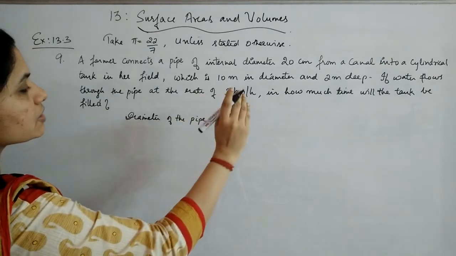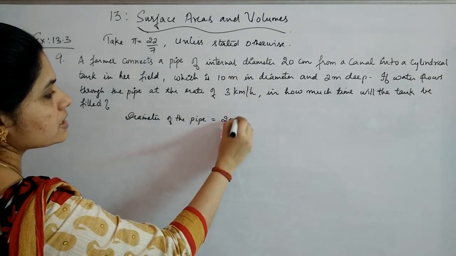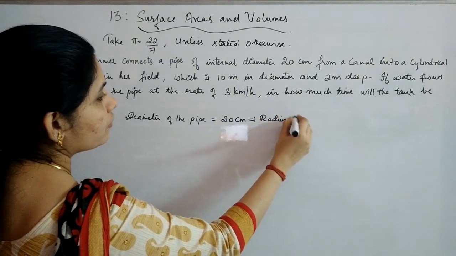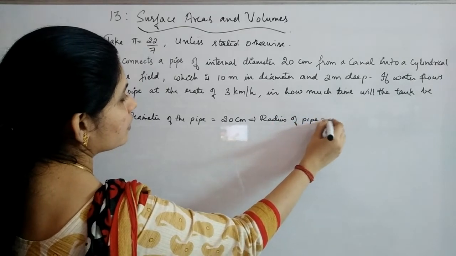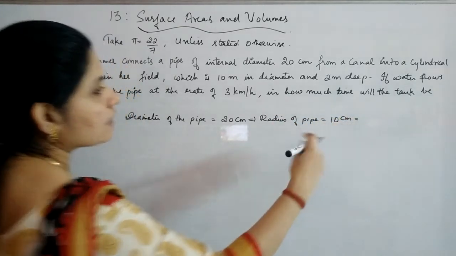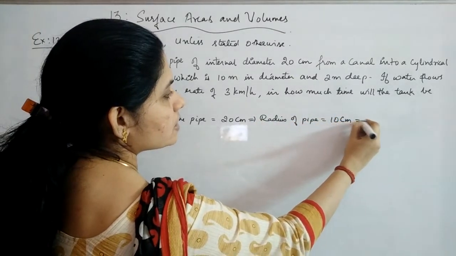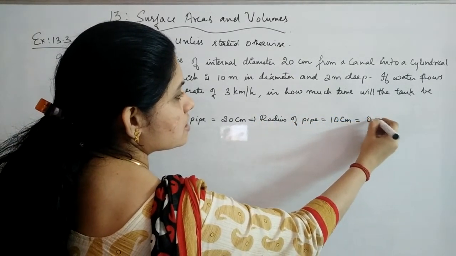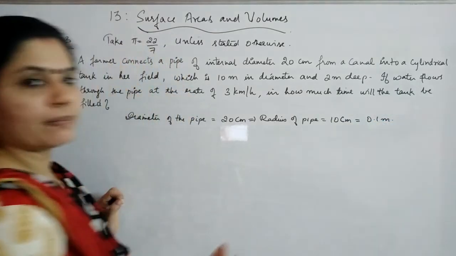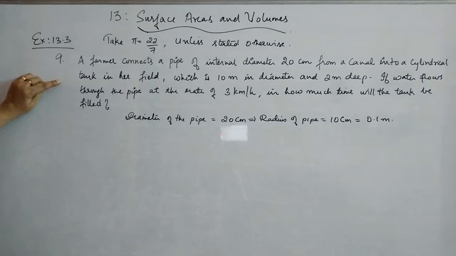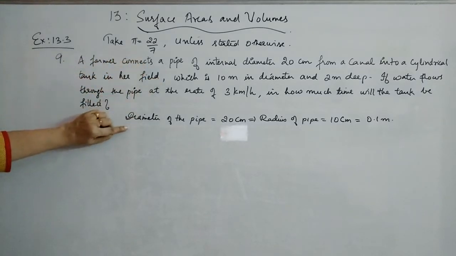Internal diameter of the pipe is given to be 20 centimeter, which implies the radius of the pipe will be 10 centimeter, and we can convert 10 centimeter into meter here itself. So you'll get it is 0.1 meter or 1 by 10 meter. Next thing, we will find out what is the height.